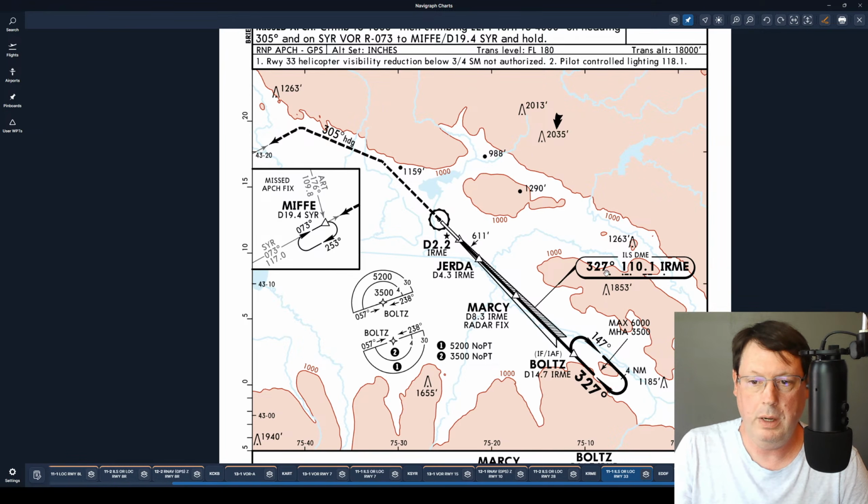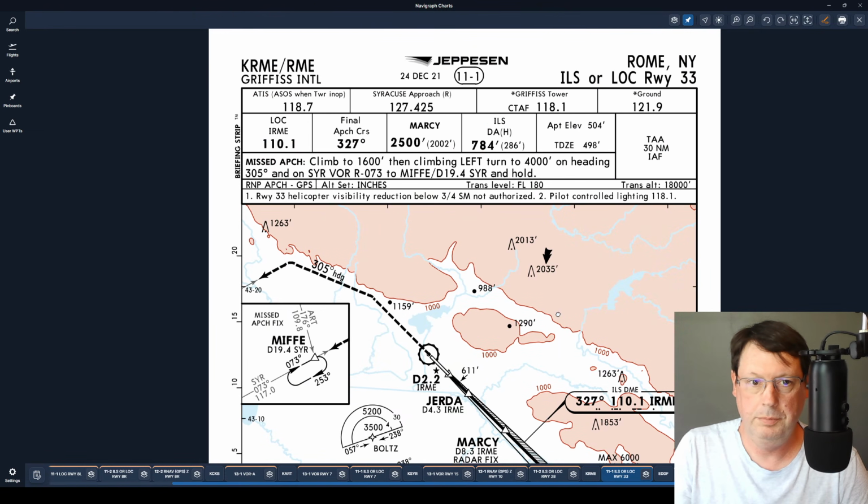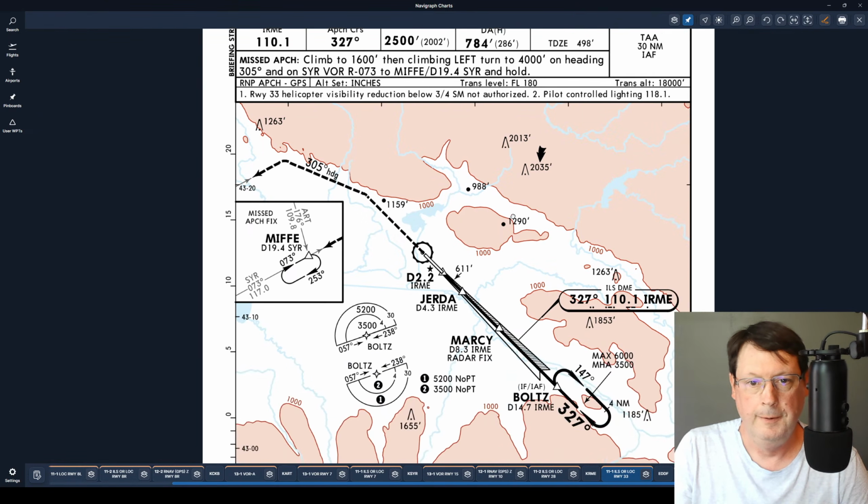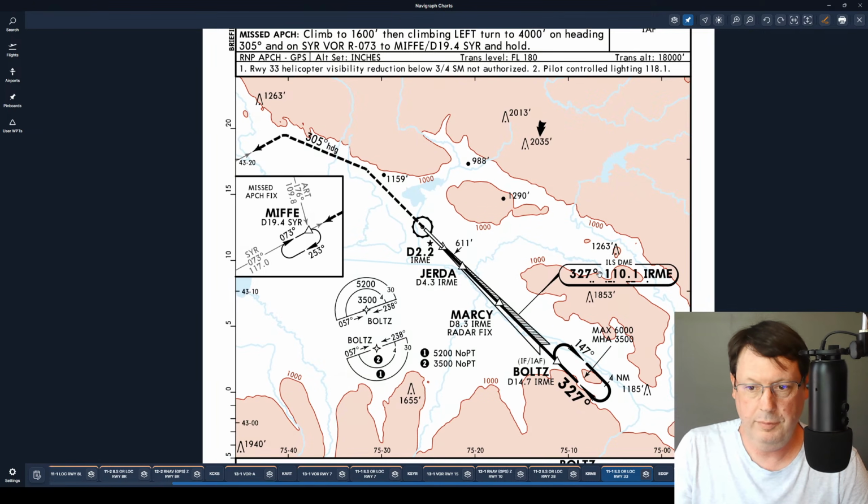As we saw above in the briefing strip, the frequency is 110.1, the final approach course is 327, and that information is right here again. This also tells you it's an ILS DME. DME stands for distance measuring equipment. Of all the things the FAA used a reasonable acronym for, that's one of them.